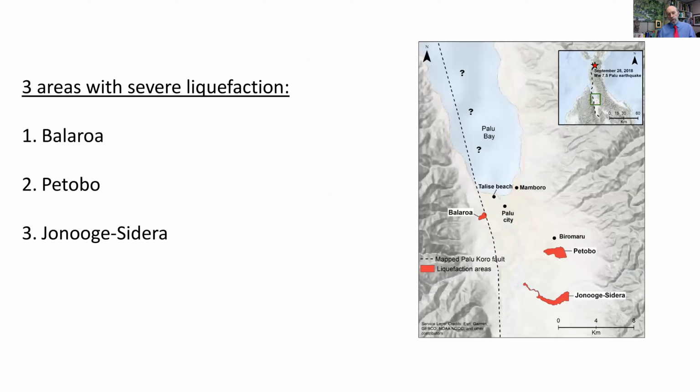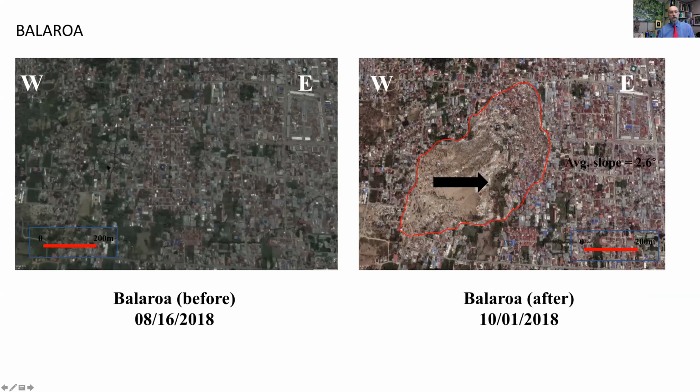Liquefaction was very severe, as you heard. Here is the map of the Palu region with 3 places that suffered serious liquefaction. And we'll look at the Balarora liquefaction site. Here's Balarora before. The BMKG office is located over here.